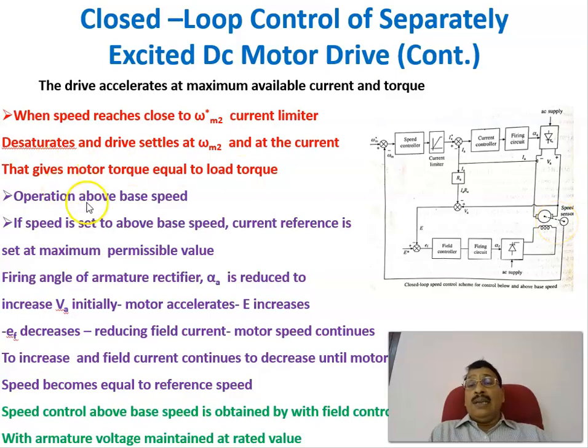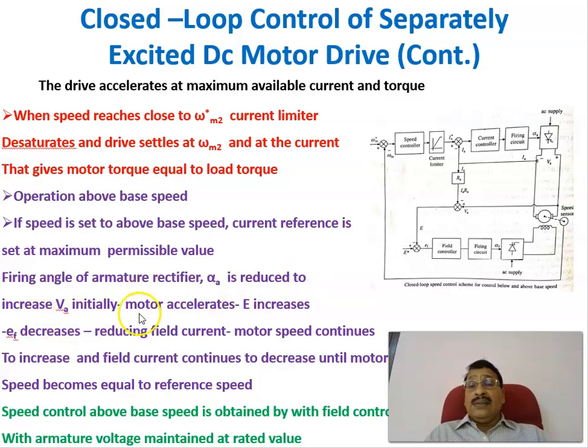Now, operation above the base speed: we use field control, that is, field flux control. If the speed is set above the base speed, the current reference is set to a maximum permissible value, and the firing angle of the armature rectifier, alpha, is reduced.